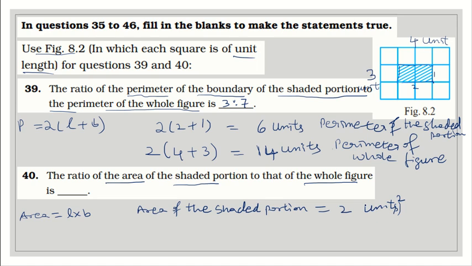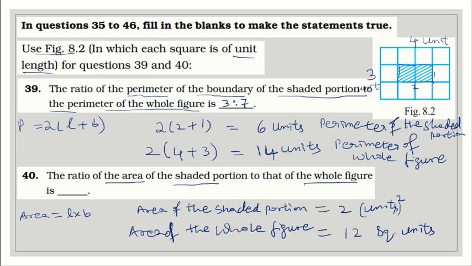And the area of the whole figure, with 4 units of length and 3 units of breadth, will be 4 threes are 12 square units. That means the ratio between them is 2 is to 12, and after cancelling with their common factor 2, 1 is to 6 is the right answer. Okay, so this was question number 39 and 40 based on figure number 8.2.